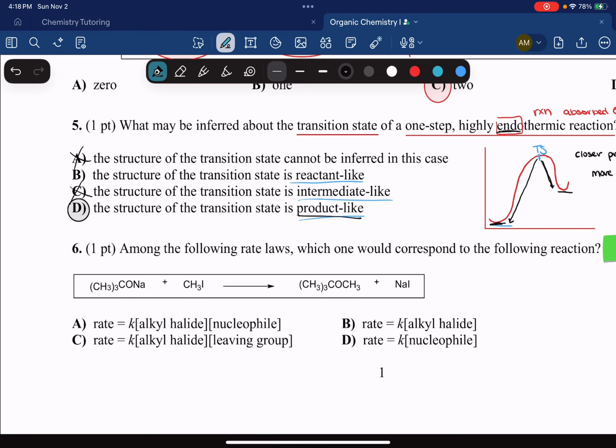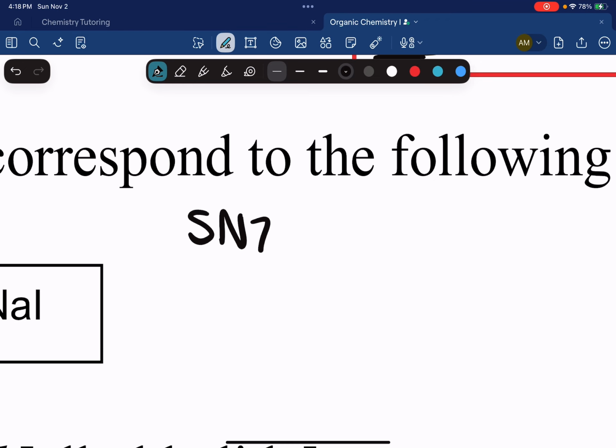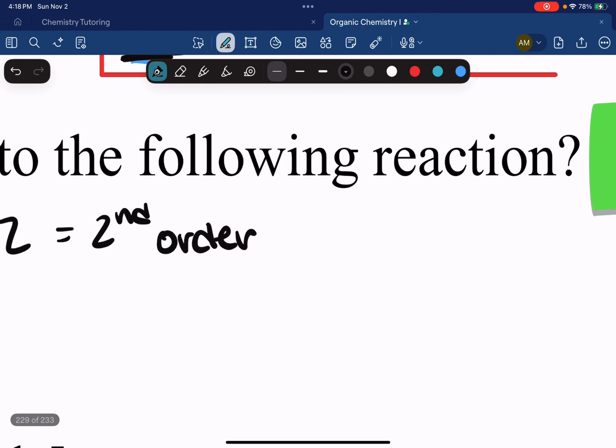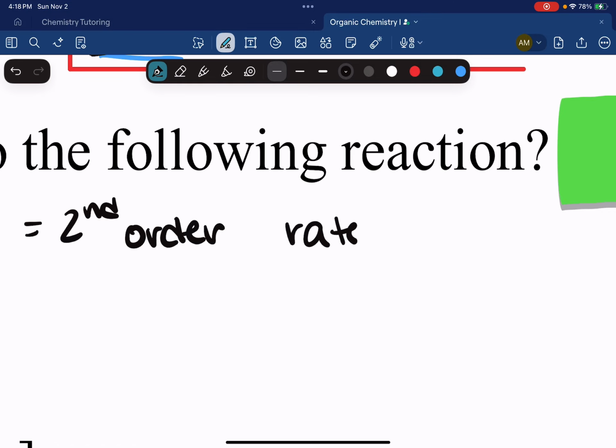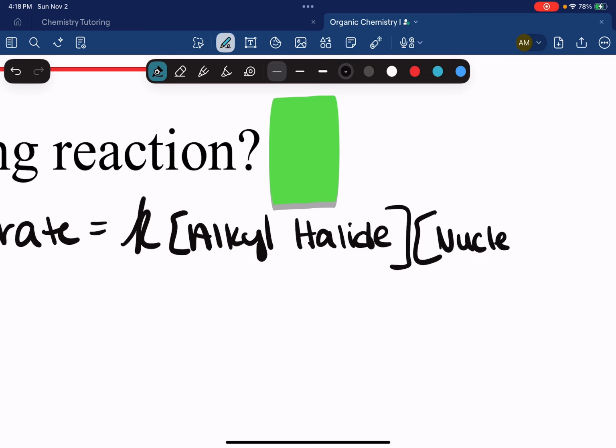Okay, now we're getting into the actual reactions, which is perfect. So this is our rate laws. What did we say SN2 was? What kind of rate was it? Second order, right? It's a second order rate law. What do we care about in the rate of an SN2 reaction? We care about the alkyl halide and we care about the nucleophile.